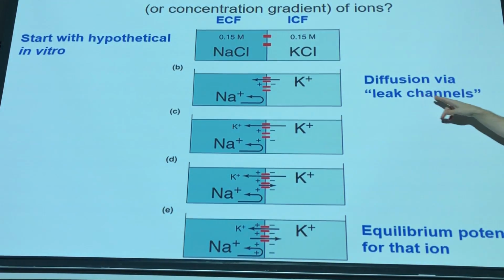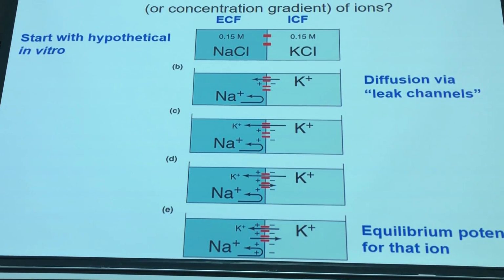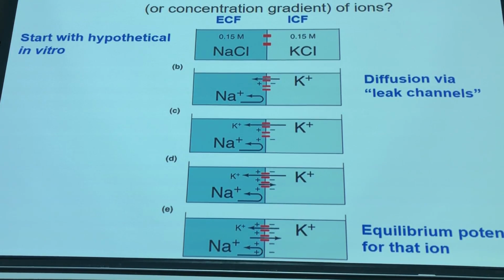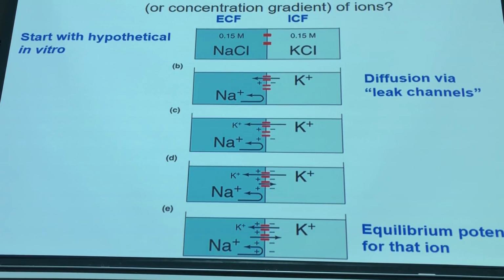We're going to talk a lot about leak channels, but basically, in neurons and muscle cells, there are a lot of these potassium leak channels that operate in the background by pure diffusion, where they're just doing their thing, but they have an important physiologic role, which we'll talk about in a minute.